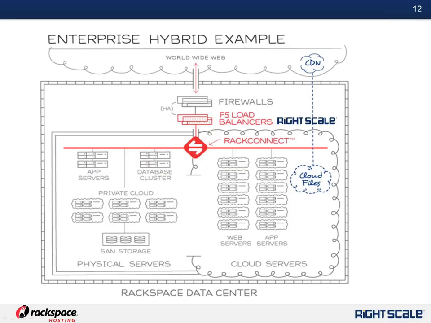SAN storage as well for really fast and large storage requirements, and then a lot of capacity in the cloud. Again, with RightScale, this environment really starts to shine because you've got a lot of flexibility on where to deploy different workloads within your application, whether that's going to run best in the database cluster or can scale really well horizontally. And then with RightScale, you've got a single pane of glass to manage that, as well as to instrument some scaling events, things like that if you'd like.